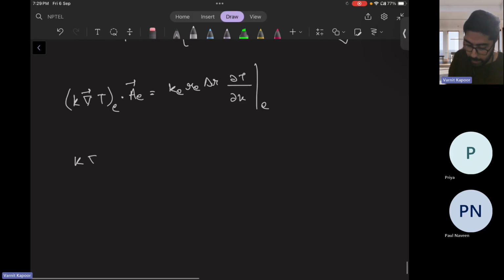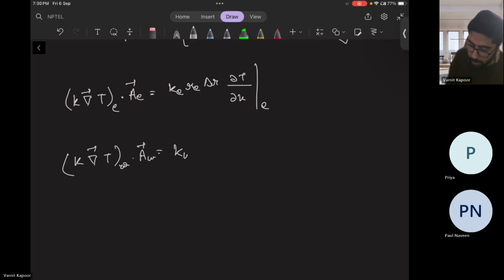K grad T of west dot A of west will be negative of K del R dou T by dou X of west.